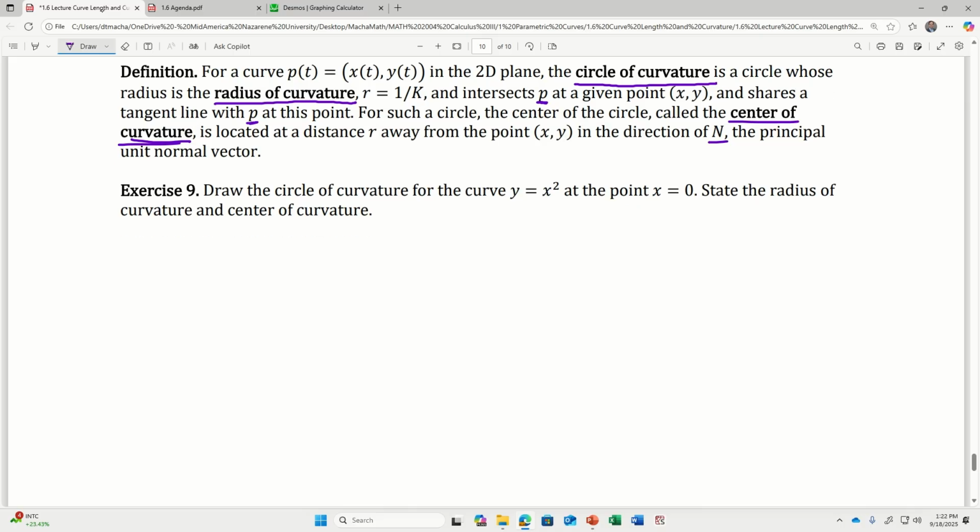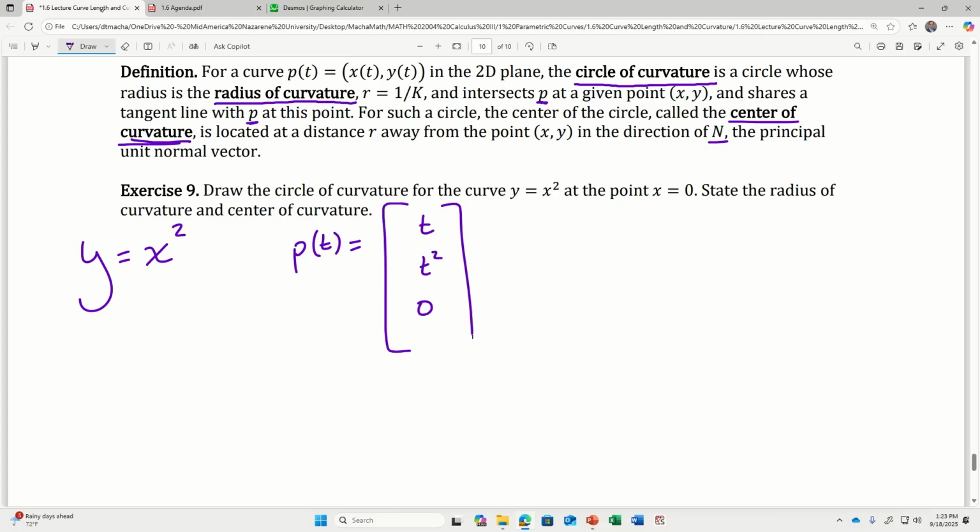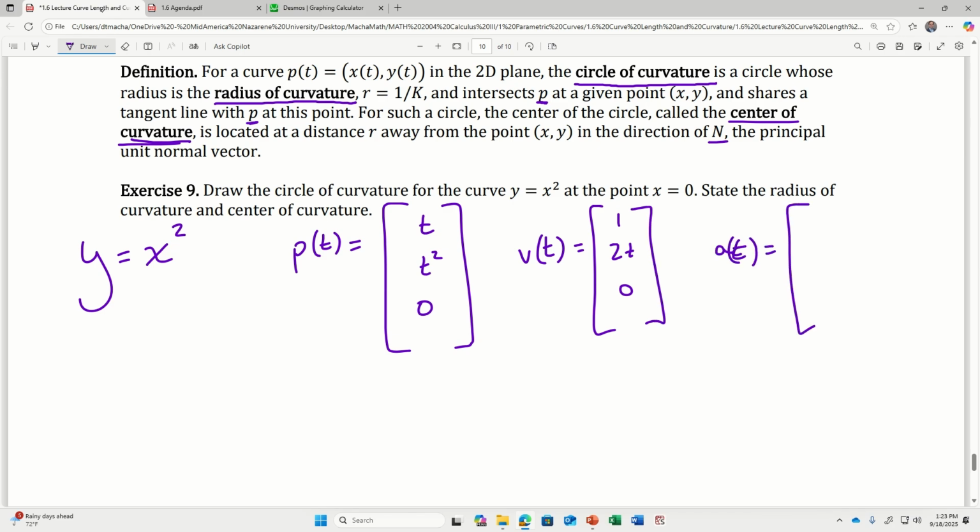So my curve was y equals x squared. As a parametric curve, I would write t, t squared, 0, so that my velocity would be 1, 2t, 0, and the acceleration would be 0, 2, 0.